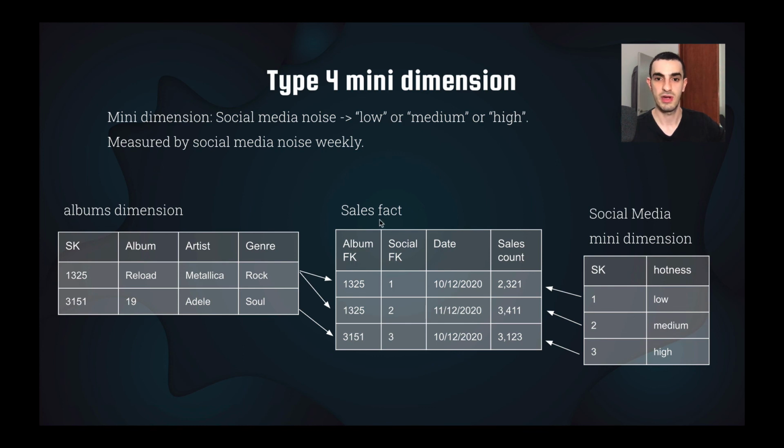So we want to look at, let's say, the sales count of all the albums that have low social media hotness. So we need it to act like a dimension, but it's changing too fast for us to track it within the original dimension.